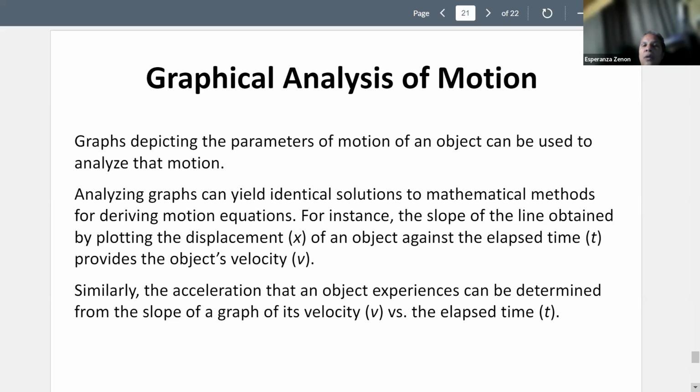You could use the equation to make a graph, and you can look at the graph and tell what the equation looks like. That's exactly what you're going to be doing in problem set number 3 next week, looking at this graphically and utilizing my kinematic equations.